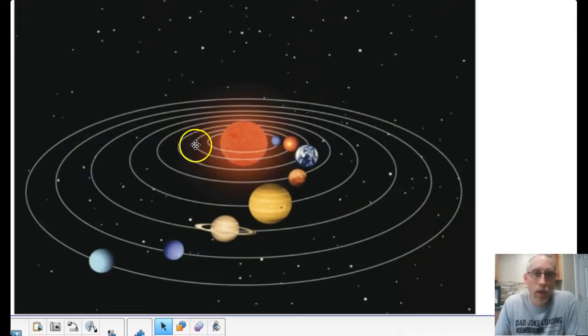Now this is a terribly scaled drawing, but what's nice about it is you can see all the planets nicely. It turns out that the period, the amount of time it takes to orbit once, is related to how far each planet is from the sun. But when you plot the period versus the radius, it comes out curved.